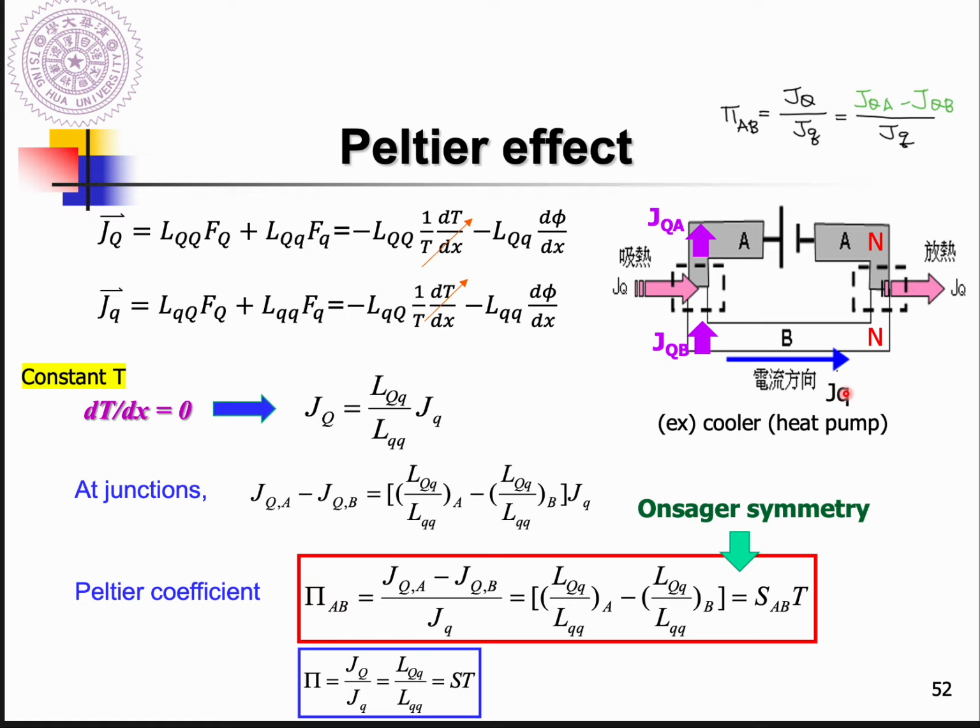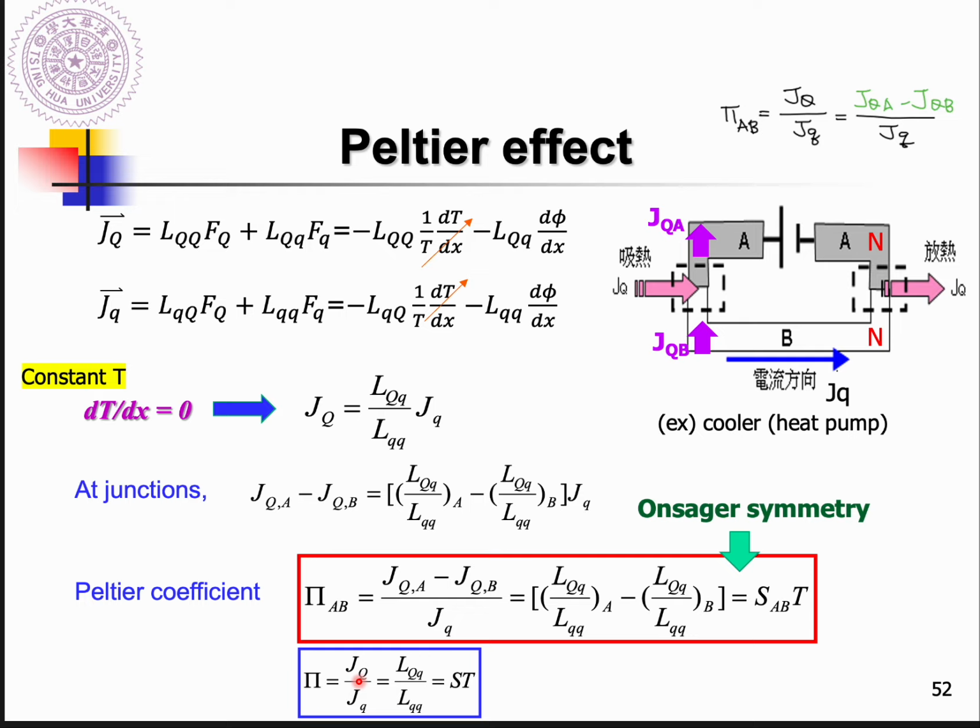The answer is that the Peltier coefficient of a single material is very small. That means when I apply the electrical current, the heat J capital Q is too small to be used for applications, whether it's a cooler or a power generator.